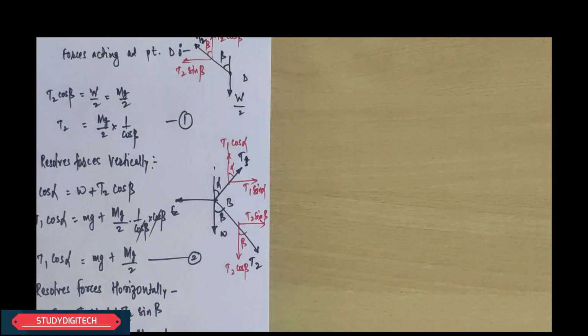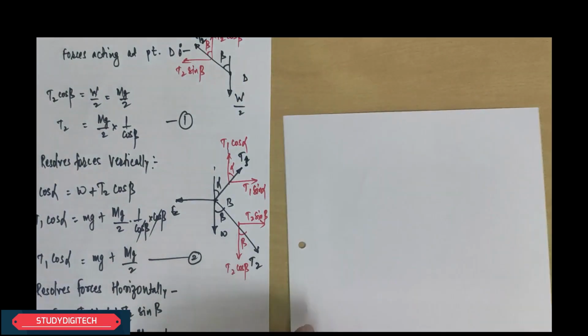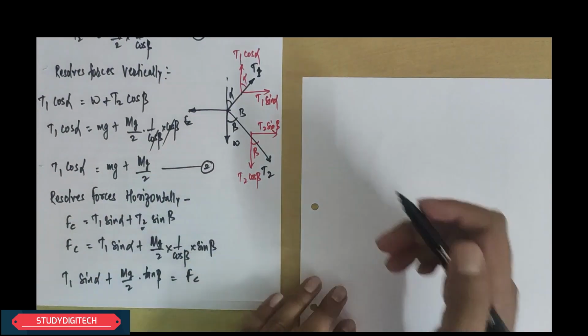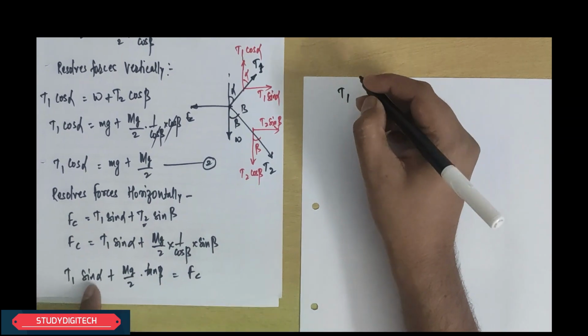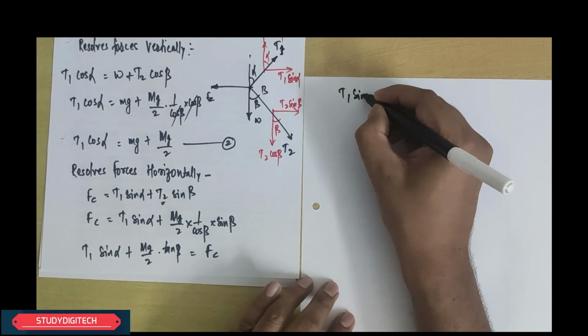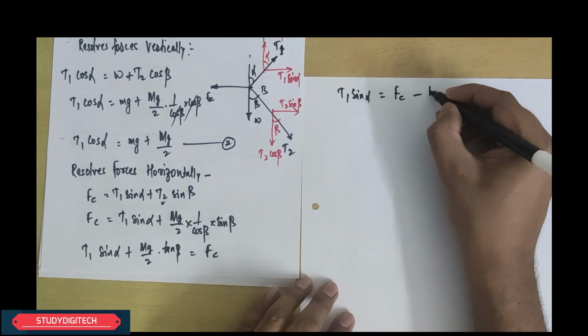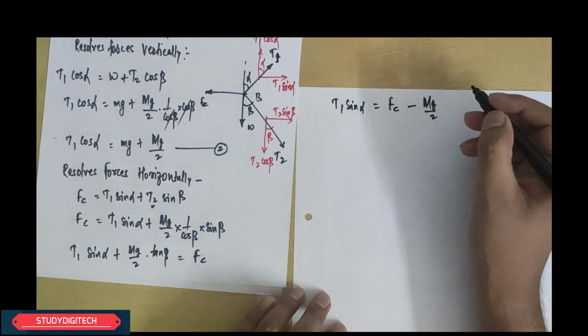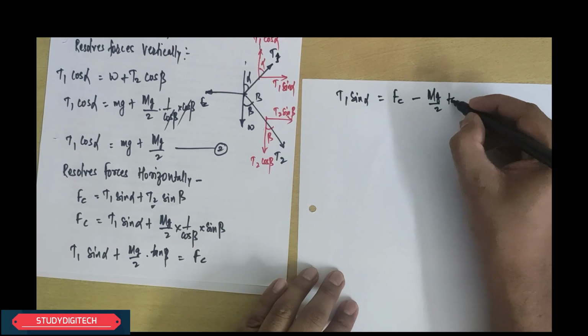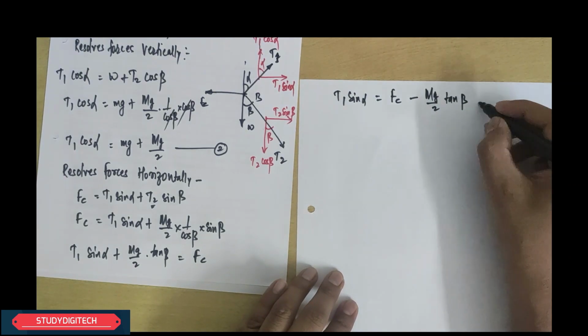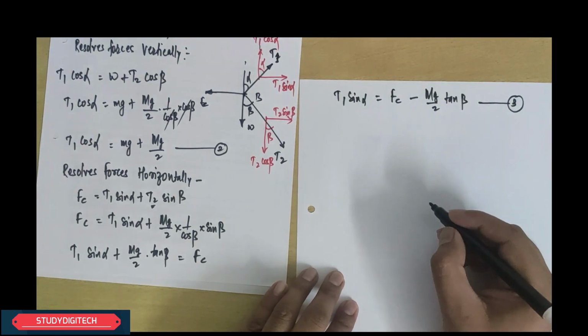So again we can modify this equation as T1 sin alpha, which is equal to Fc minus Mg by 2 tan beta. So we will name this equation number as 3.